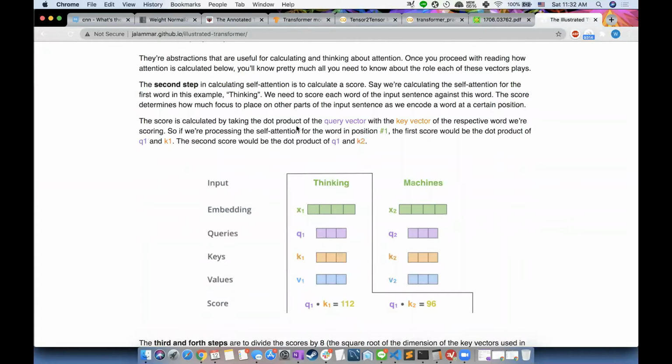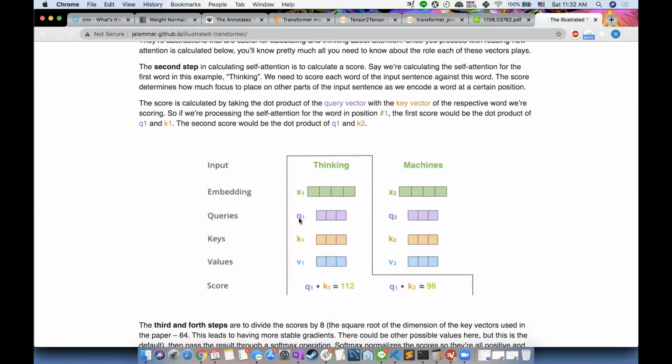So the score is calculated by taking the dot product of the query vector with the key vector of the respective words we're scoring. So we're literally just taking the dot product of Q1 and K1, and obviously the result of a dot product operation is a scalar. And notice that we are not dot producting Q2 and K2. We're just dot producting Q1 and K2. And for the third word, we're going to do Q1 dot product K3 and Q1 dot product K4.